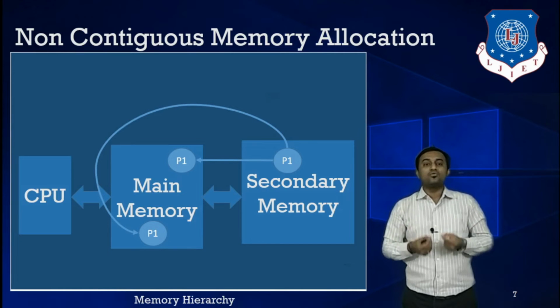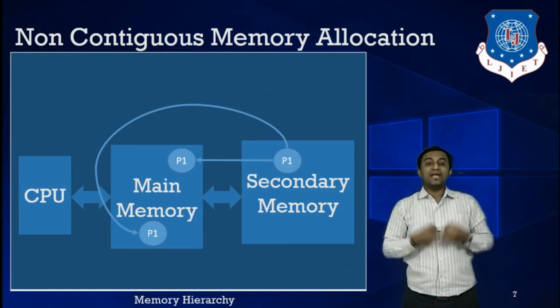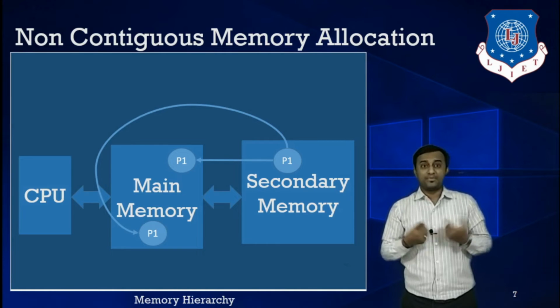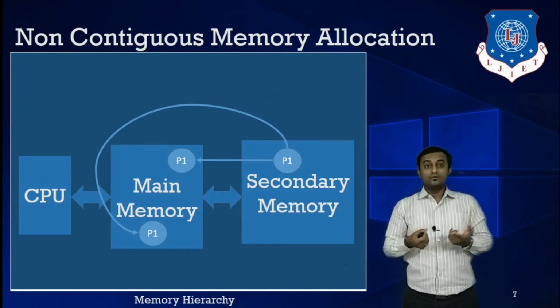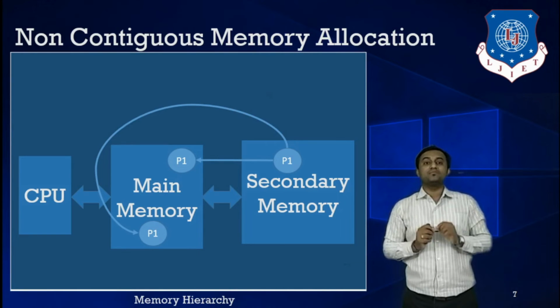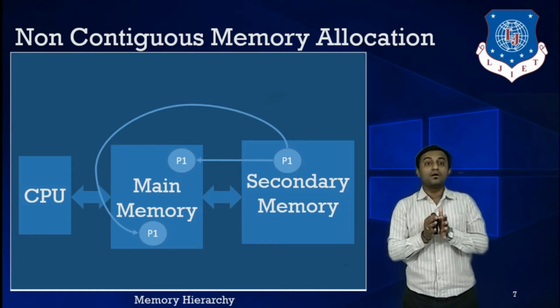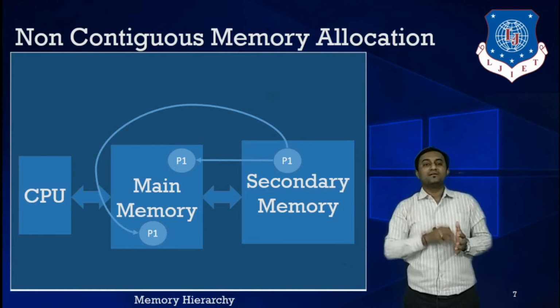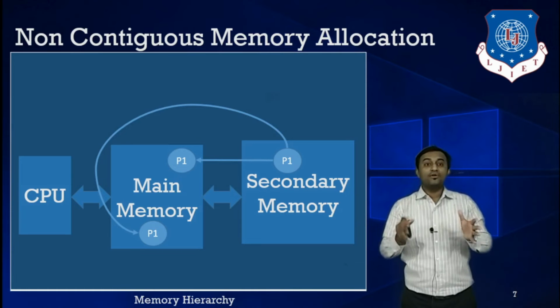But right now, the main memory has a total of 10 KB of space available, but it is not available in contiguous fashion. It is available in a scattered way. So even though it is available in a scattered way, what will happen?